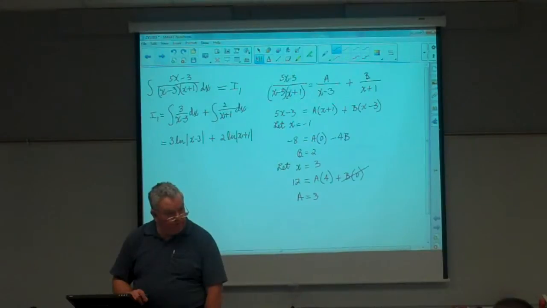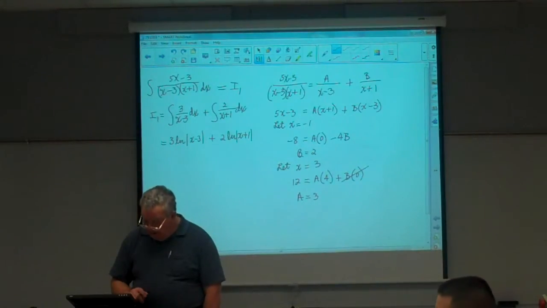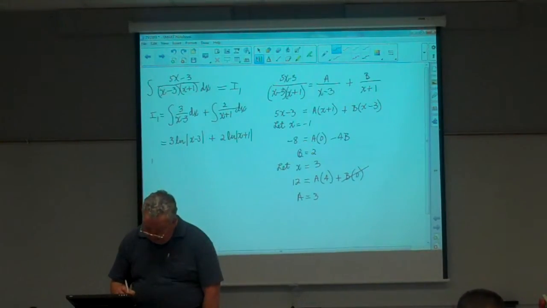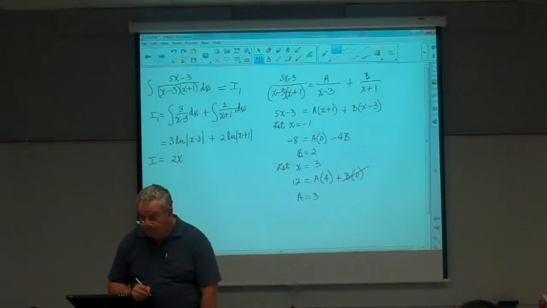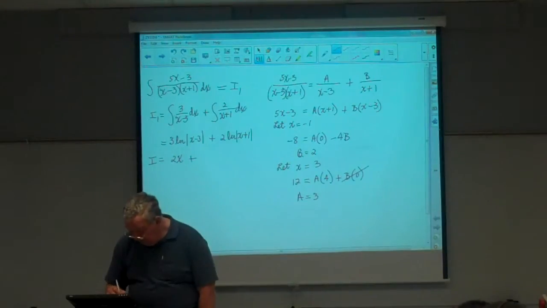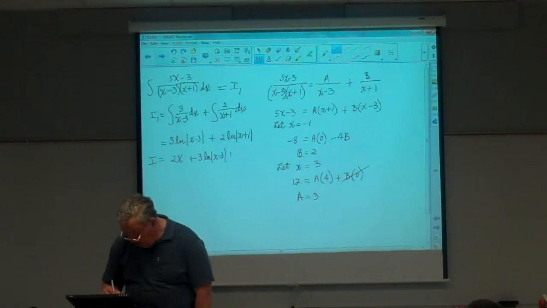Everybody agree? And now I is equal to 2x, right? The 2x we got from long division, plus 3 log |x minus 3| plus 2 log |x plus 1| plus c.